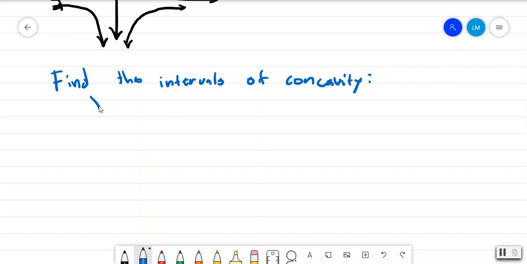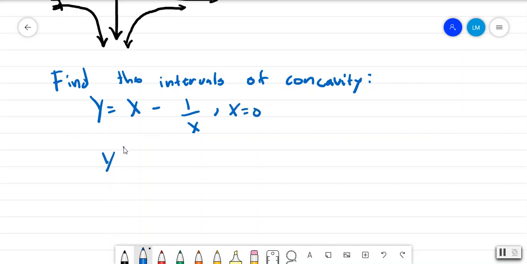We're going to use y equals x minus 1 over x. First off, I know that this is undefined at 0, so we automatically know this is undefined at 0. We'll just add that in right here.